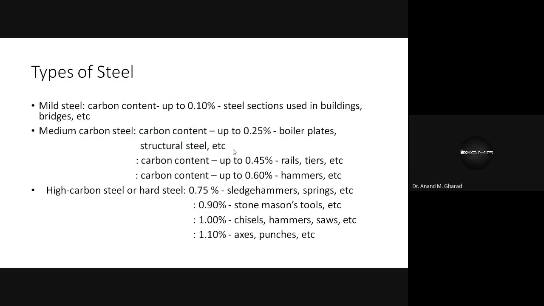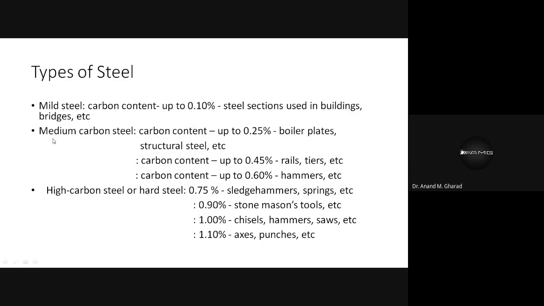First is the mild steel, whose carbon content is up to 0.1%. These steel sections are used in buildings, bridges, etc. So common structures, you can expect the construction to be made from mild steel.